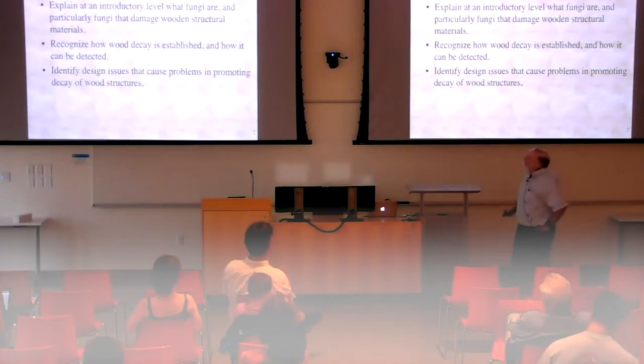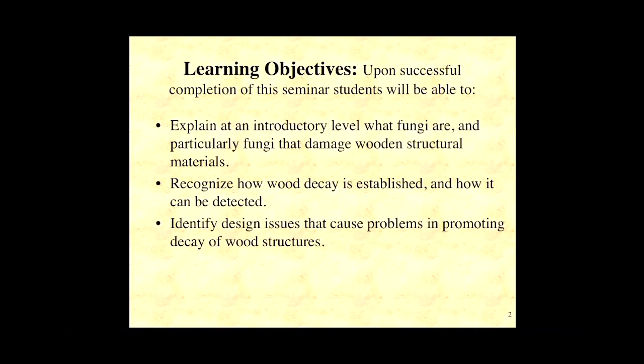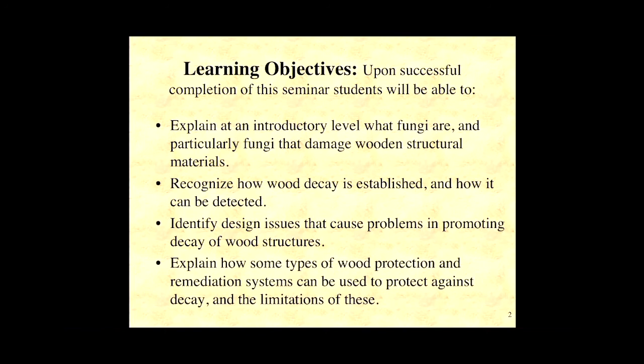From this talk, hopefully you will be able to recognize a little bit more than you may already know about how wood decay is established, how it can be detected, and then some real important issues, which we don't have a lot of time to cover, but we'll do what we can, on identifying design issues that cause problems in the promotion of decay, particularly in coniferous species, which is what most of our wood structural material is, conifers or softwoods.